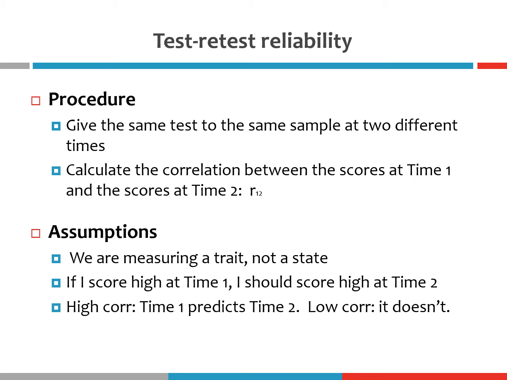So again, we are assuming that there is a high correlation or a large R value between time 1 and time 2 if your measurement instrument is reliable. And if there's a low correlation and time 1 doesn't predict time 2, then your test isn't reliable.